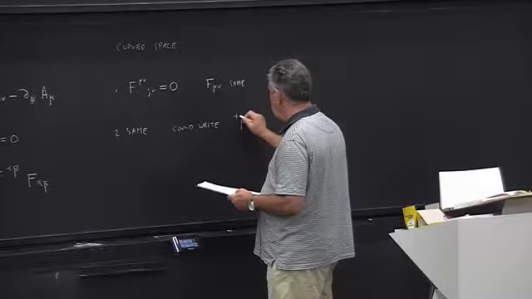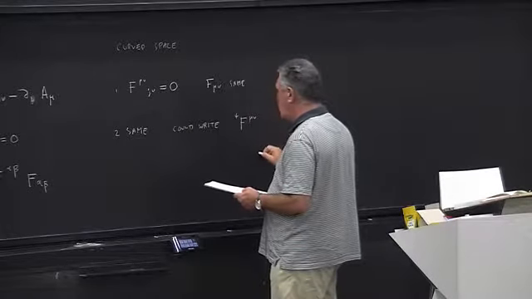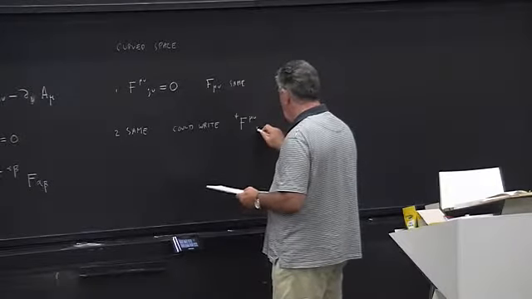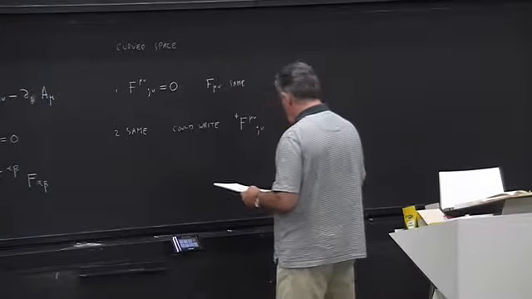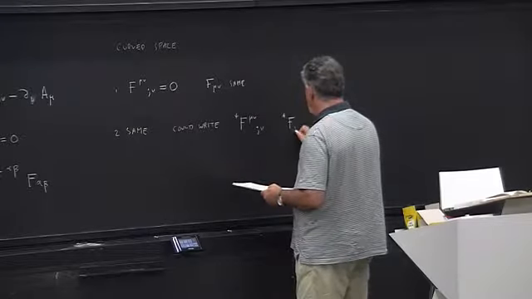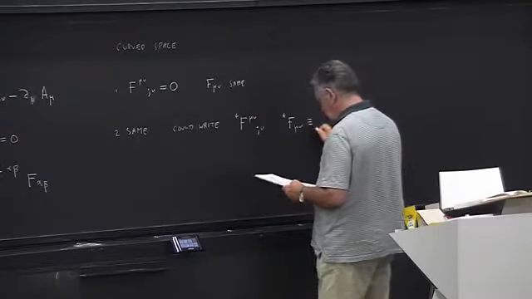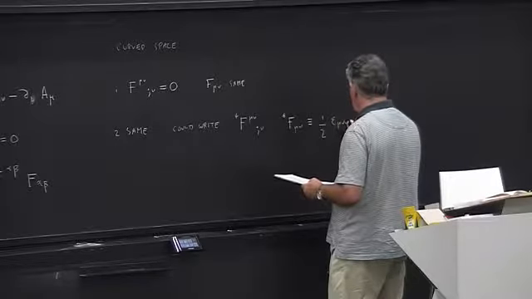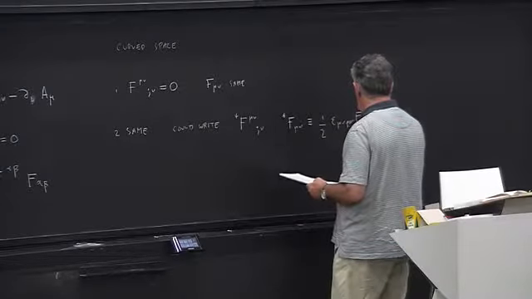You could write this as *F^{μν}_{;ν} = 0, where *F^{μν} is defined to be 1/2 ε^{μνρσ} F_{ρσ}.